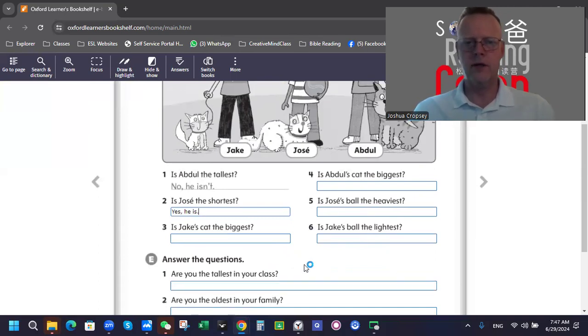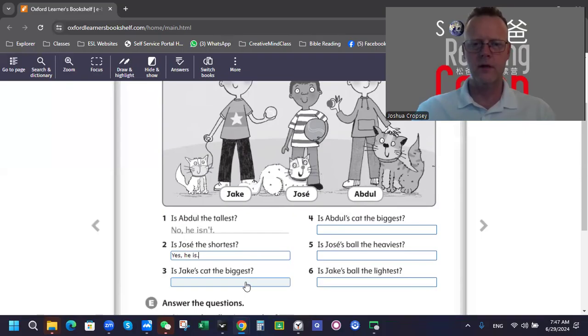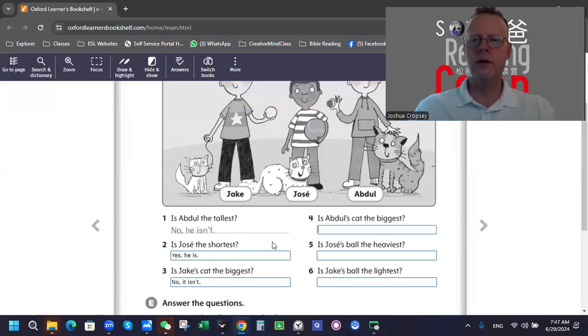Is Jake's cat the biggest? Well, we look at Jake's cat and we have to say no. I mean, these other cats are huge. No, it isn't. Okay, is Abdul's cat the biggest?